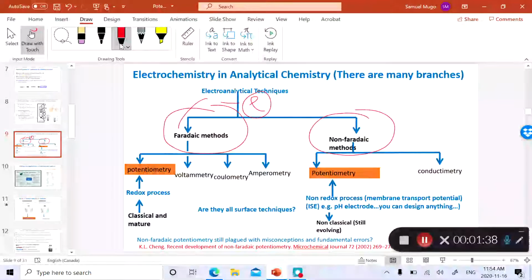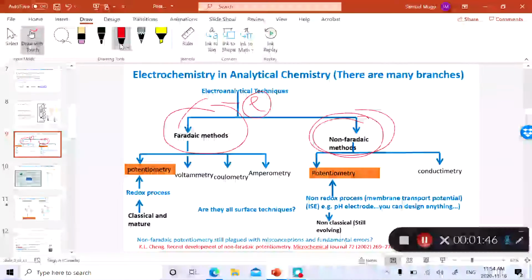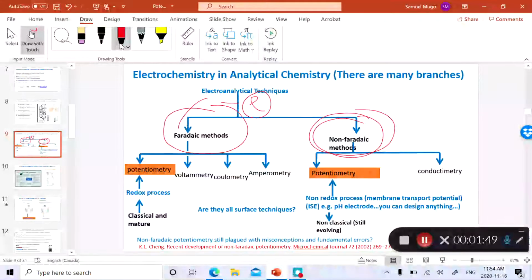Now, in non-Faradaic methods, on the other hand, even though you are measuring the current and the voltage, there's no reduction or oxidation that is taking place, all right? Even though there is potential difference involved, and I'm gonna discuss how that potential difference is obtained, there is no redox process, okay?